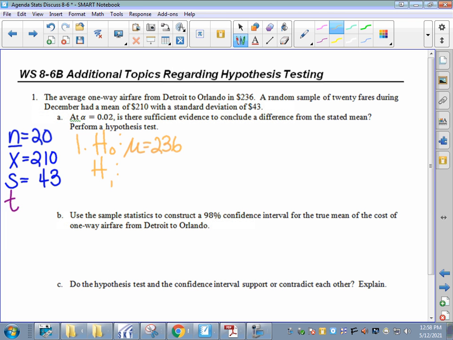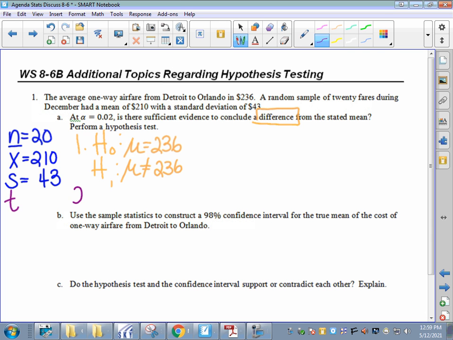Is there sufficient evidence with alpha equal to 0.02 to conclude a difference from the stated mean? So all I can say is that mu is not equal to 236. Note to self, I can't remember if I said it in the notes, but these will always be two-tailed tests. So even if I word something weird like I do in problem number 4, make it a two-tailed.